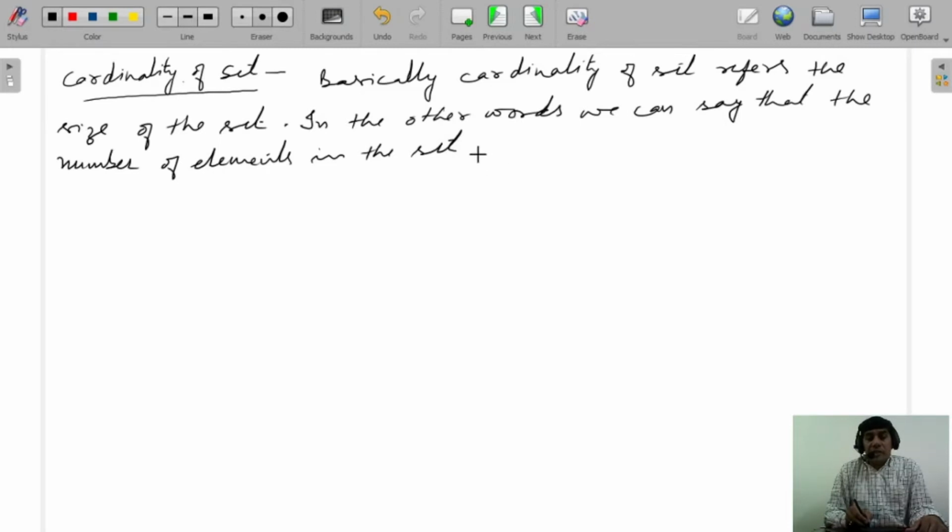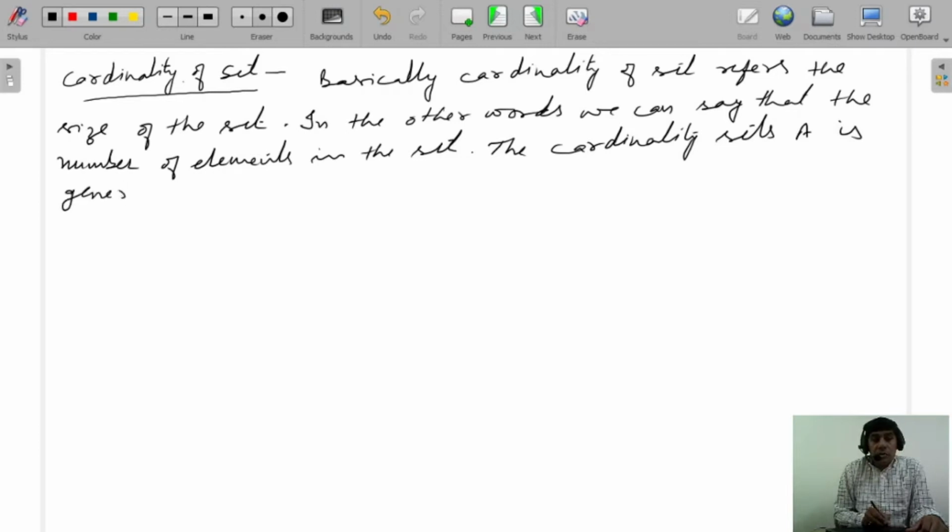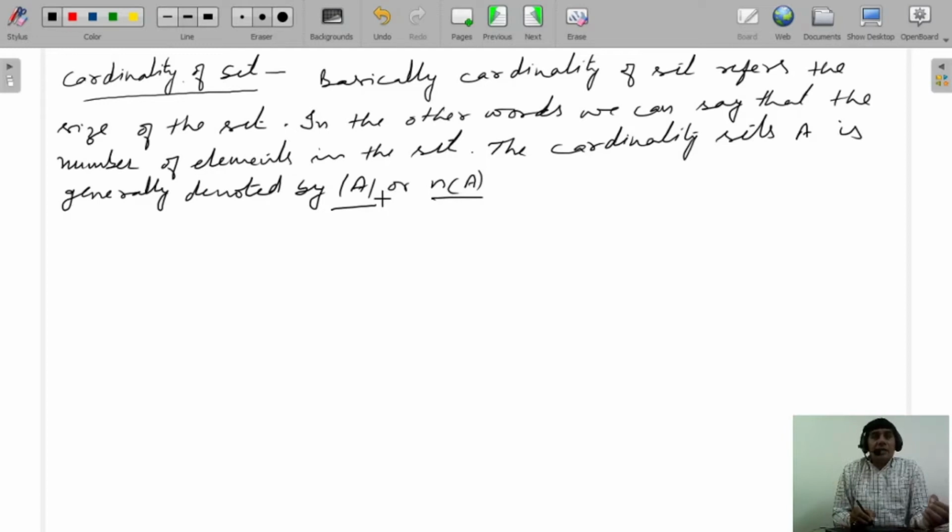The cardinality of set A is generally denoted by modulus of A or n of A. Modulus of A means the size of the set A. n of A means the number of elements in the set A. So the cardinality of a set is the number of elements in the set.